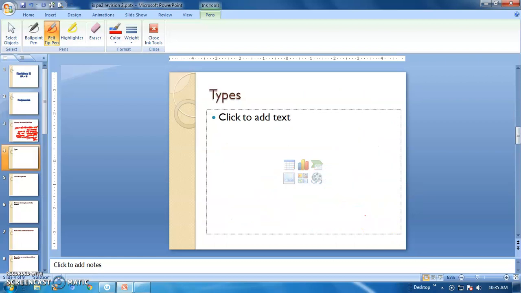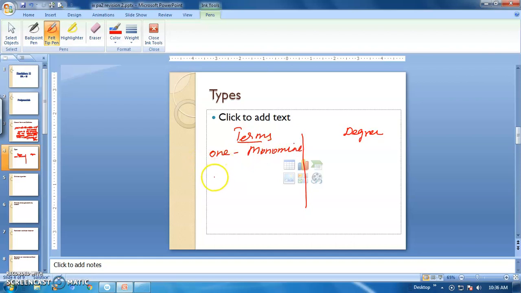And types of the polynomial. We can split the types of the polynomial according to the terms and according to the degree. According to the terms, if it contains only one term, it is known as monomial.